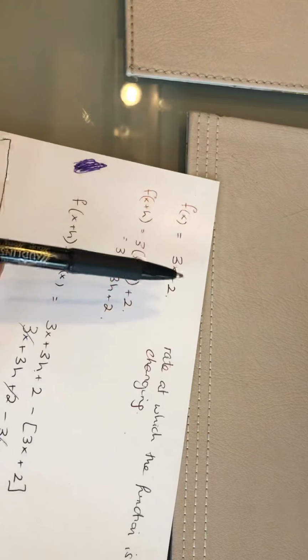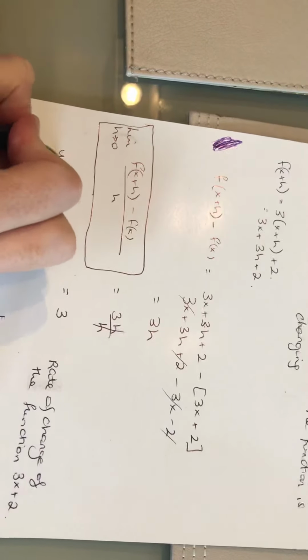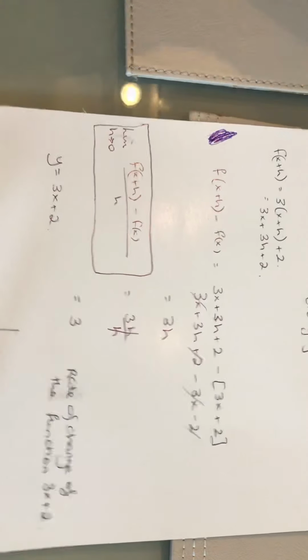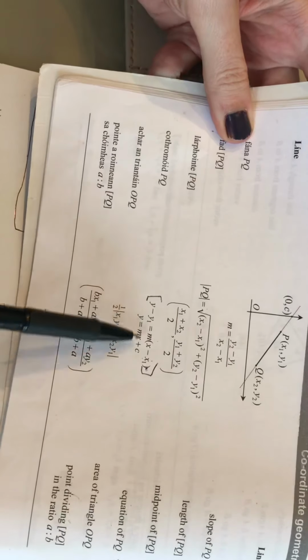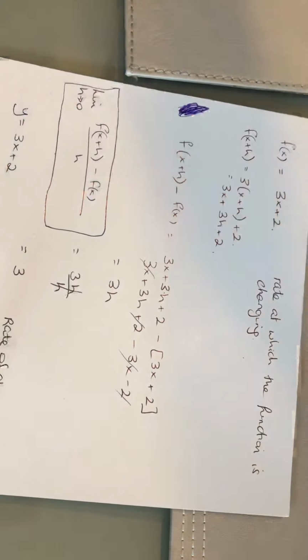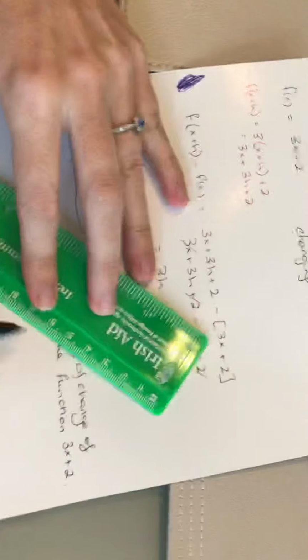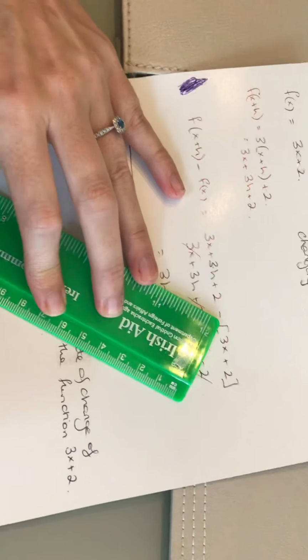Well, f of x is equal to 3x plus 2, so f of x can be replaced by a y. And what do I notice? Well, if I'm able to use my log tables, m is the slope and c is where it cuts the y-axis. So I have a slope of 3, plus 3, and it cuts at 2.